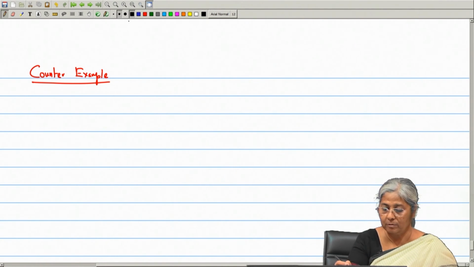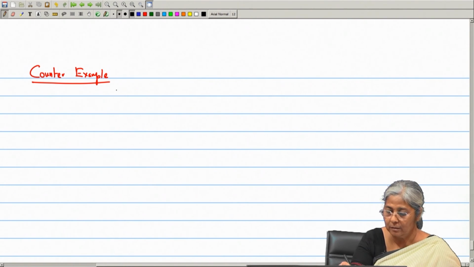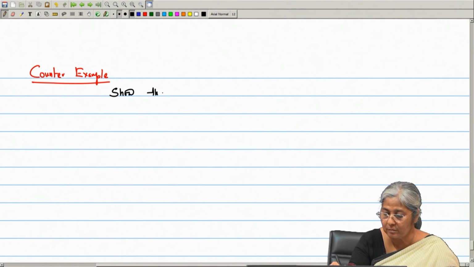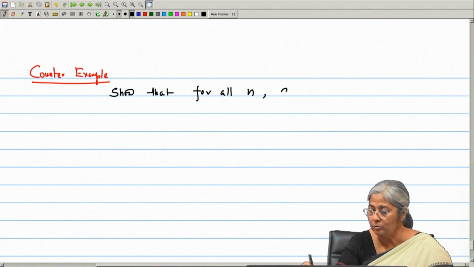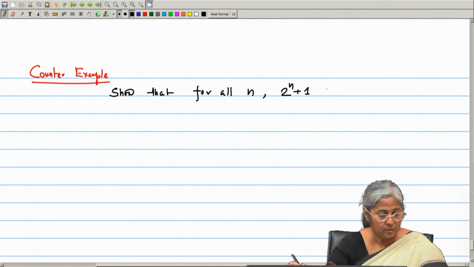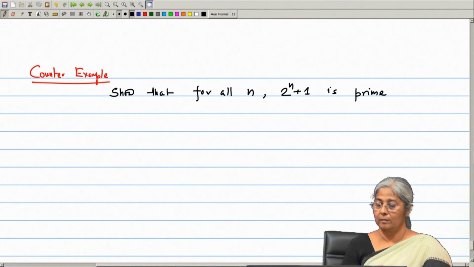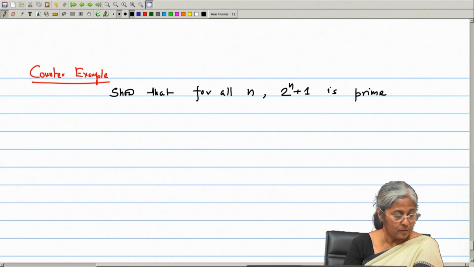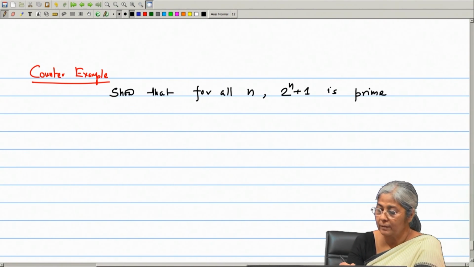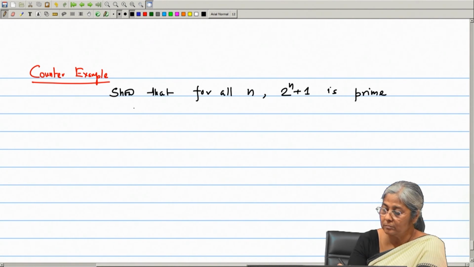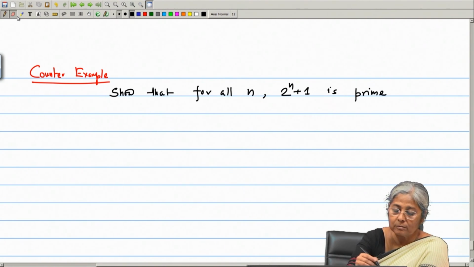Just to give one example, show that for all n, 2 to the power n plus 1 is prime. Whether it is true or false, I make a statement.